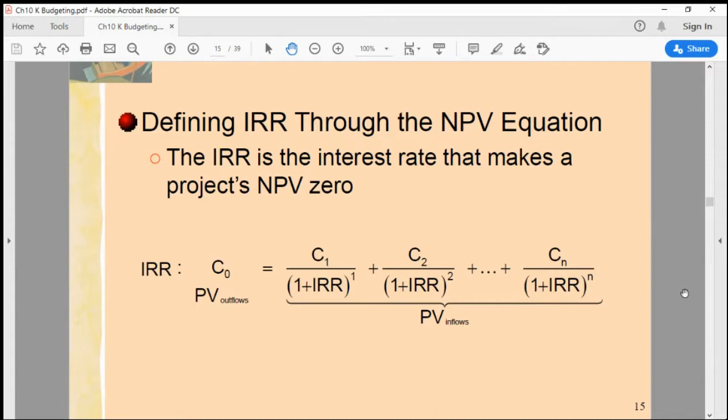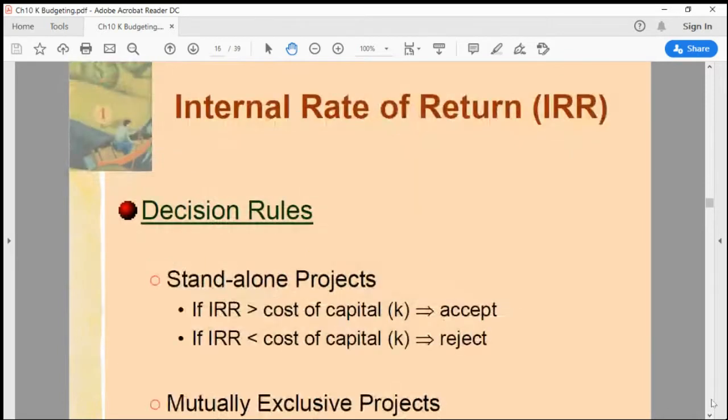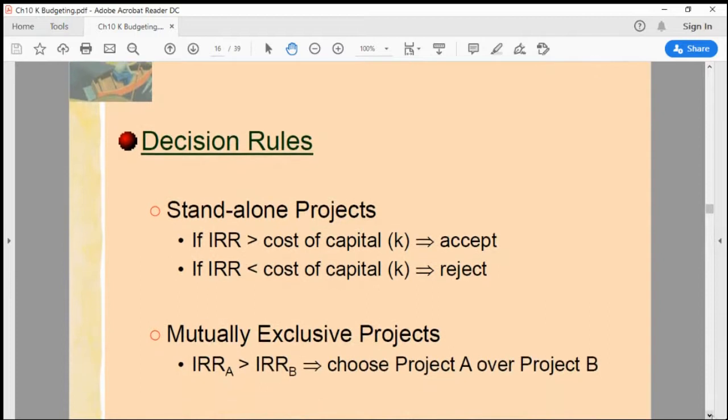Your discount rate is already determined, right? So that's why this can happen. That's why your internal rate of return can be greater than the cost of capital, or it can be less than the cost of capital, right? So what does this mean?